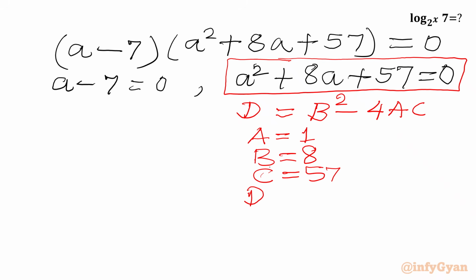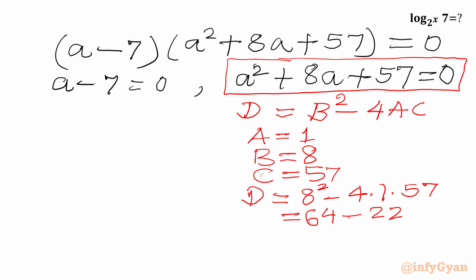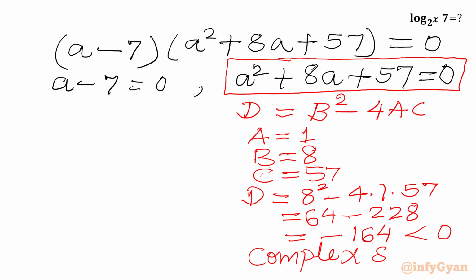Now we will find d, which will be equal to 8 square minus 4 times 1 times 57. 8 square is 64 minus 4 times 57 is 228. And if we take away bigger number from a smaller number, we are going to get minus sign and value would be 164. Discriminant is negative. We are going to get complex solutions. So we can reject this quadratic equation as we are looking for real solutions.